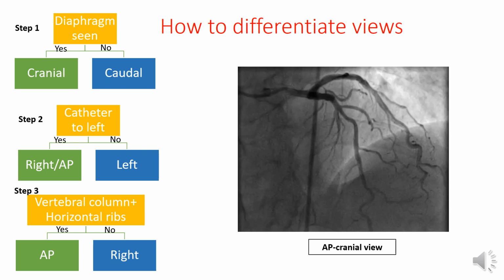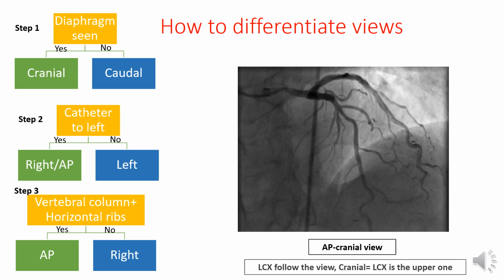So which is the left circumflex and which is the LAD? As we discussed before, the cranial views are aligned more with the interventricular septum of the heart. So the longitudinal vessel that runs along the picture is the LAD, and the other one is the circumflex.